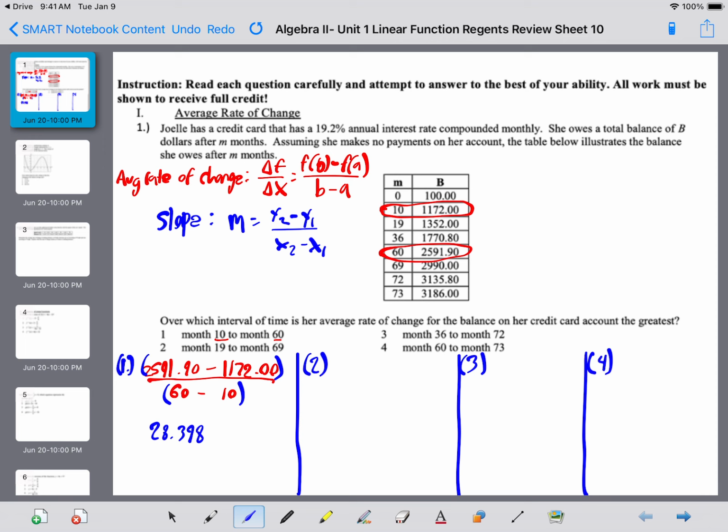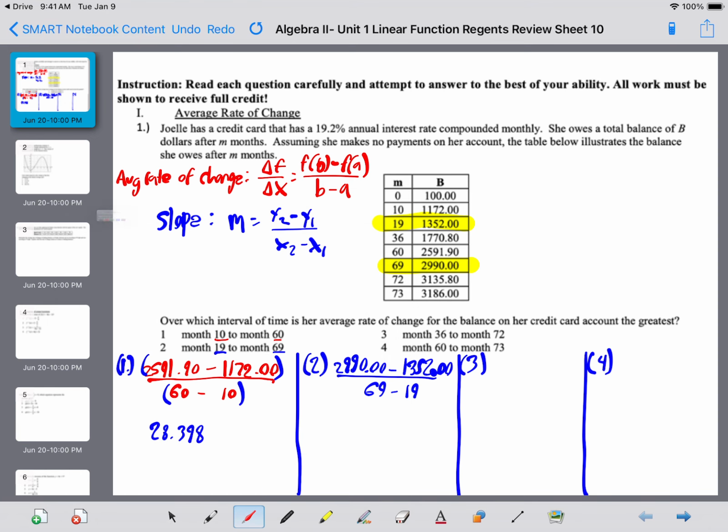Now, for 2, we want to find 19 to 69. You're going to do the same thing. Difference in output over difference in inputs.